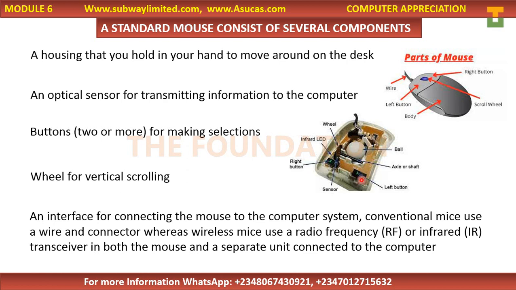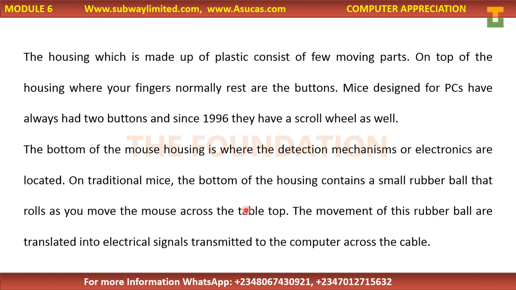Conventional mice use a wire and connector, whereas wireless mice use a radio frequency or infrared transceiver in both the mouse and a separate unit connected to the computer. Well, this might not interest you, but that is what happens. So you can read through this.